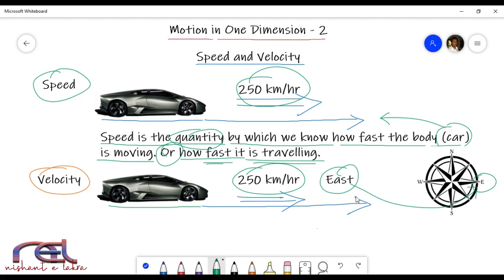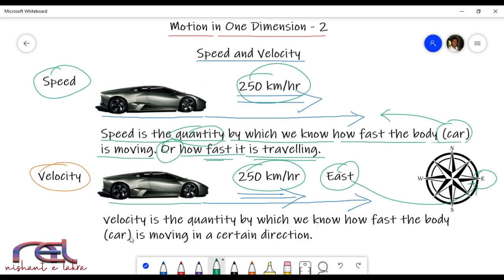In which direction? Eastward. It is traveling in the east direction, right? So by this we understand that velocity is the quantity by which we know how fast the body is moving, and we also know in which direction. In velocity we know how fast it is moving and in which direction it is moving. I hope you understood the difference between speed and velocity here.